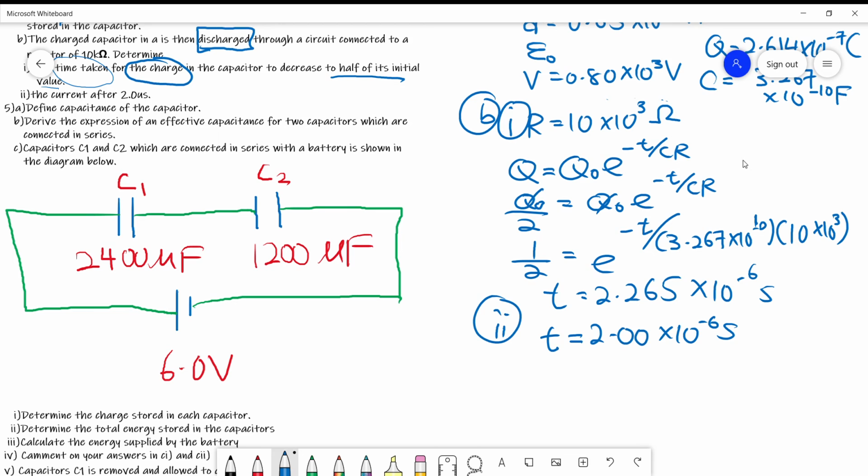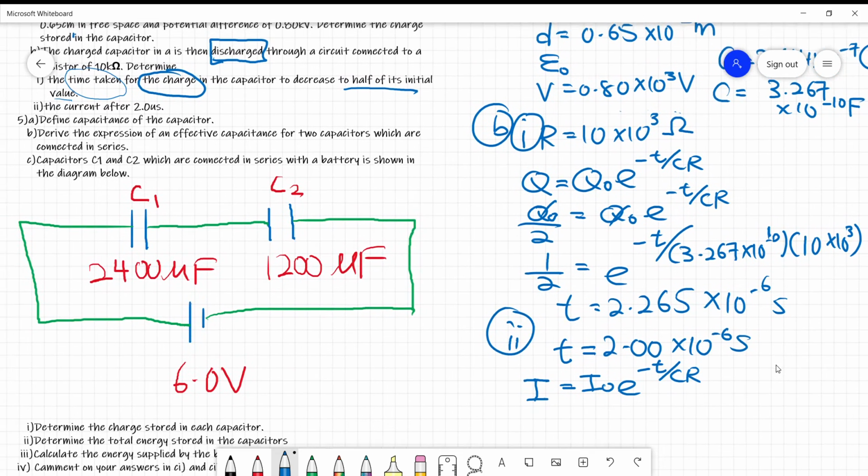For the discharging circuit, it's actually the same as the charging circuits. The formula for the current is basically the same as the charging CR circuits, which is I is equal to I naught multiplied by E to the power of negative T over CR.